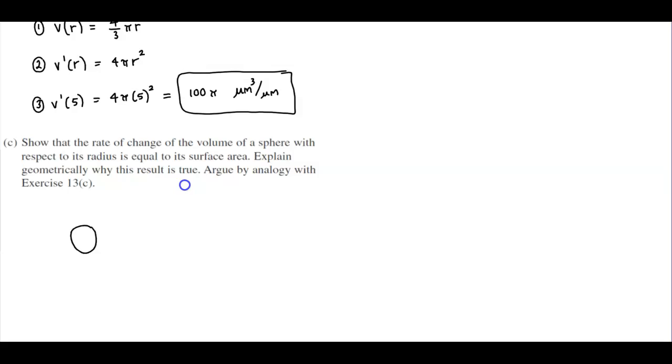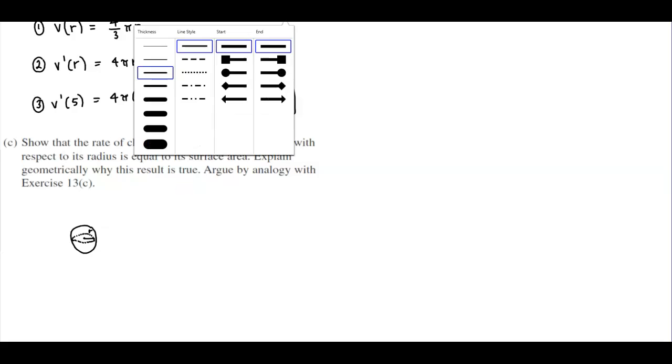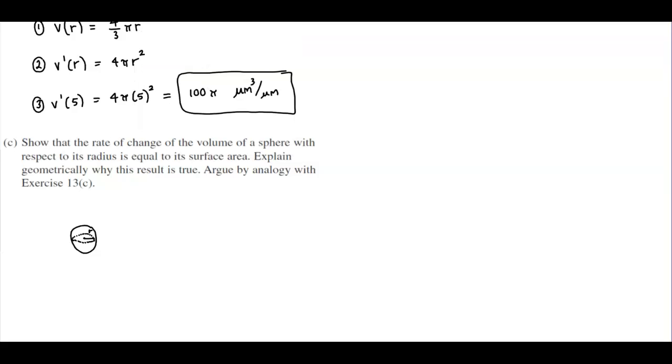All right, so we have a sphere, and this sphere has a radius of R. Then we're going to expand this sphere by a radius, and this radius represents the change in R. So that means that we've increased this.